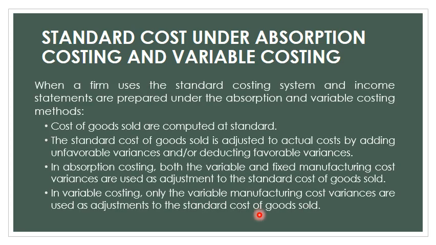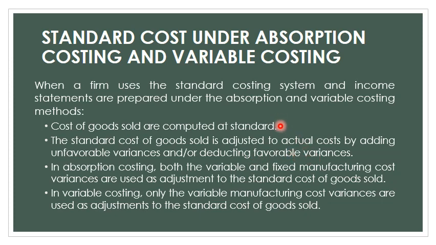So when a firm uses the standard costing system and income statements are prepared under the absorption and variable costing methods, number 1 daw, the cost of goods sold are computed at standard. Okay, so the standard cost of goods sold is adjusted to actual cost by adding unfavorable variances and or deducting favorable variances.